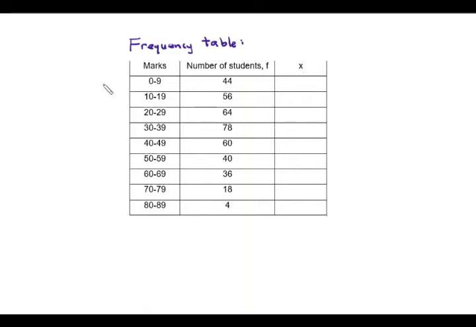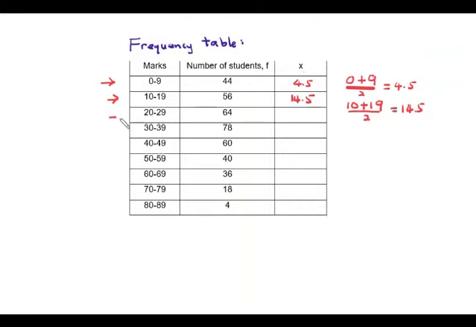For example, for the first class interval, the midpoint is 0 plus 9, where 0 is the lower limit and 9 is the upper limit, divided by 2, which equals 4.5. For the second class interval, we use the lower limit, 10 plus 19 divided by 2, which equals 14.5.